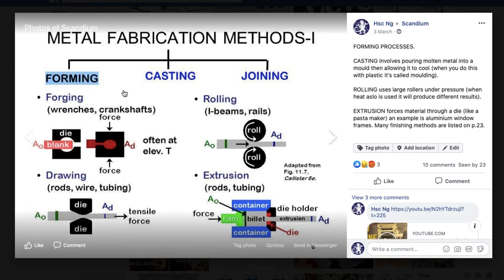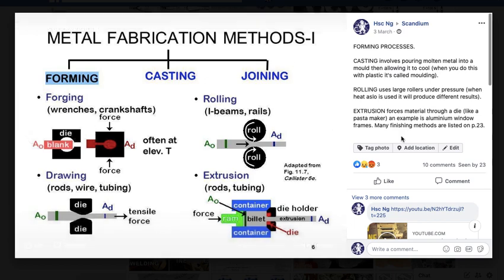So these are fabrication methods. Fabrication methods is the whole family, and then you've got three uncles: forming, casting, and joining. And forming has four kids: forging, rolling, drawing, and extrusion. I do tend to forget drawing. It's not specifically called out in the syllabus, but drawing is for wires and tubes and rods.